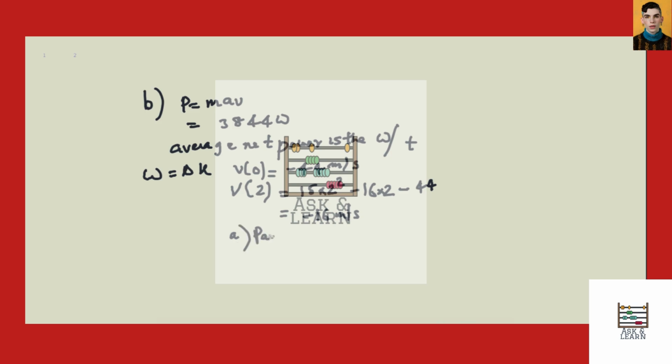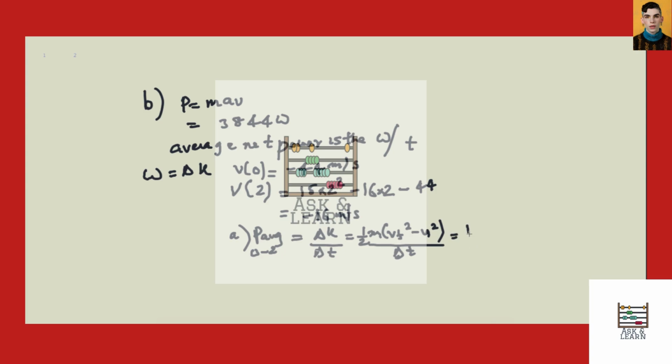We have the average power from 0 to 2 seconds equal to the change of kinetic energy during that duration divided by time. Change of kinetic energy has the same units as work. So that equals half m times vf squared minus vi squared, divided by delta t.